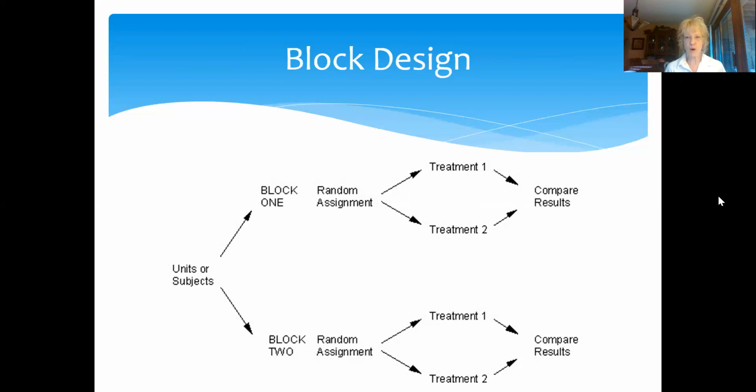We know boys, especially by the time they're in adolescence, are more physically active than girls. So what we would do here is have block 1 for boys and block 2 for girls. And then all the boys would be randomly assigned to either get the treatment or the control, and all the girls would be randomly assigned to get treatment and control. And then you'd compare the results.